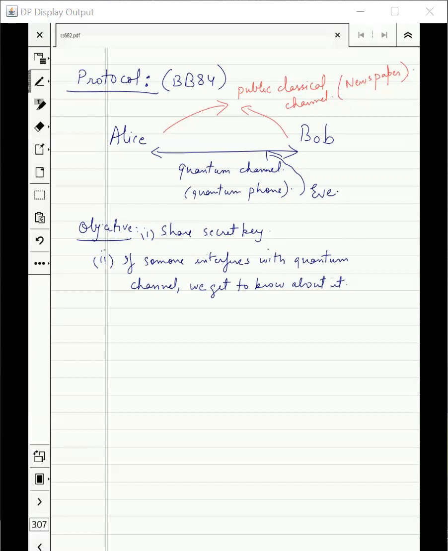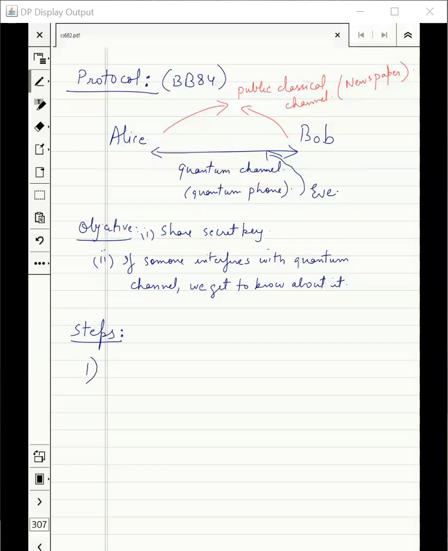A very stupid question, but let me ask it. If Eve was not there, how would you share a secret key between Alice and Bob? Probably it's too simple a question to answer, but let me ask it anyway.